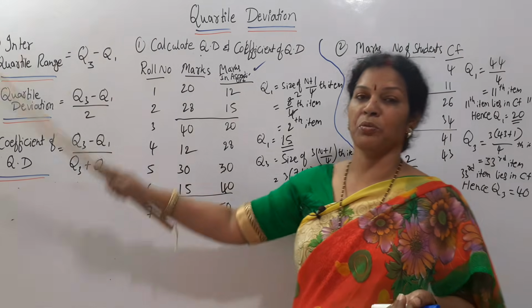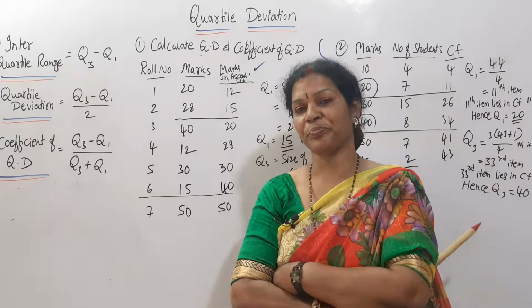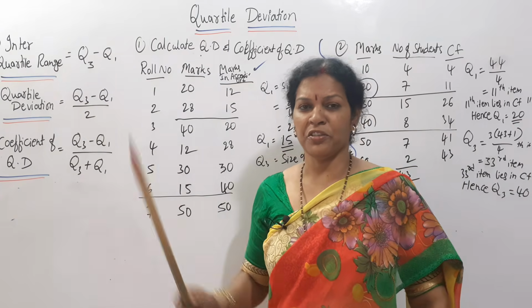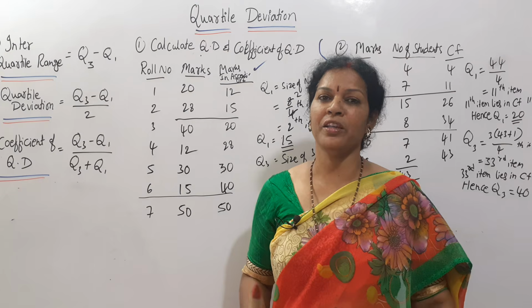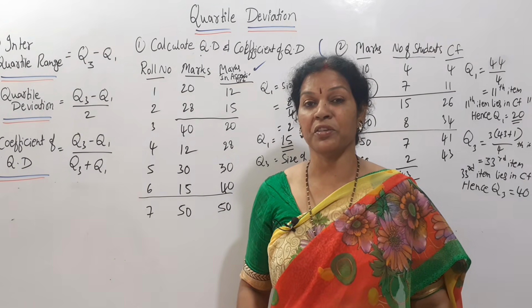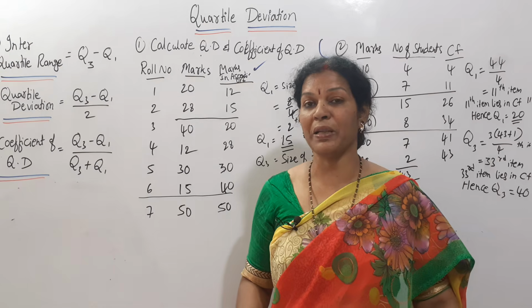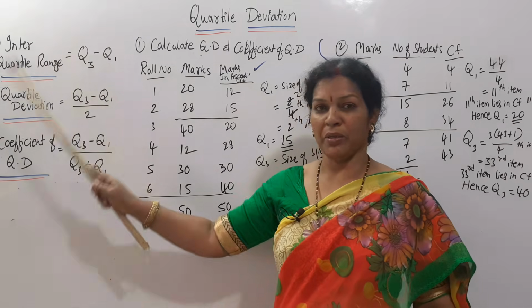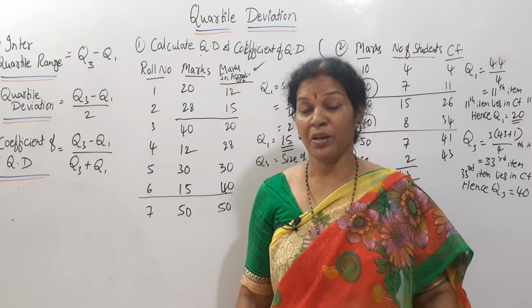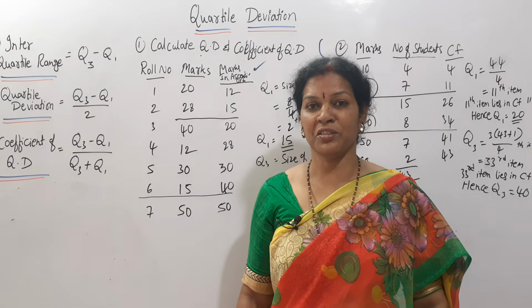Now learn these formulas by heart. Interquartile range: Q3 minus Q1. Quartile deviation: Q3 minus Q1 by 2. Coefficient of quartile deviation: Q3 minus Q1 by Q3 plus Q1. Then the calculations: how to calculate Q1, how to calculate Q3.